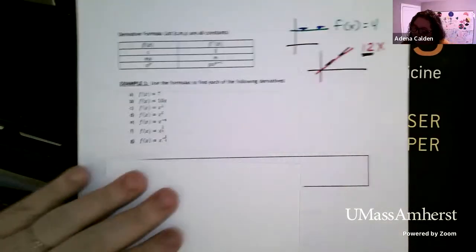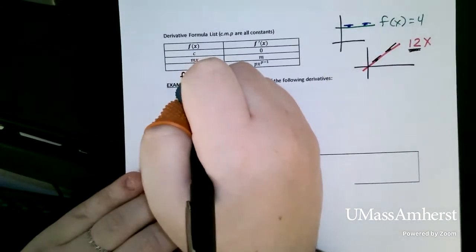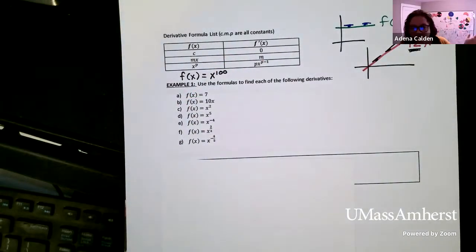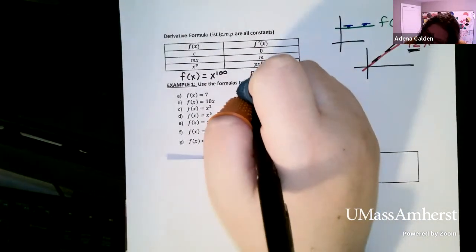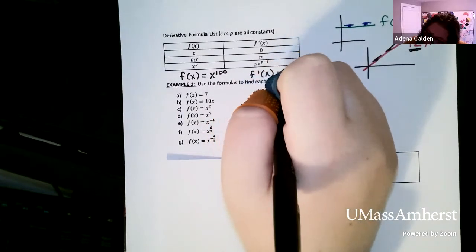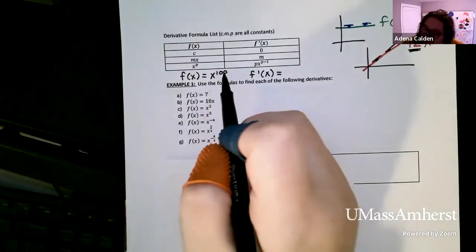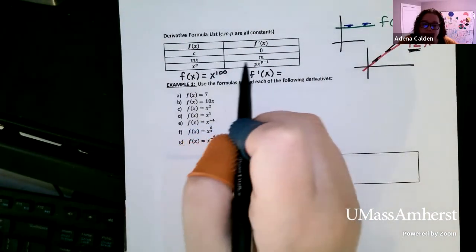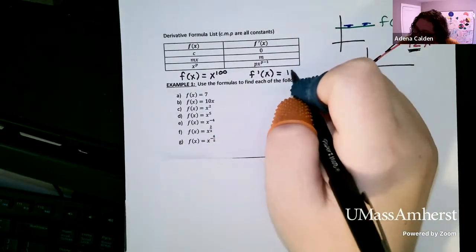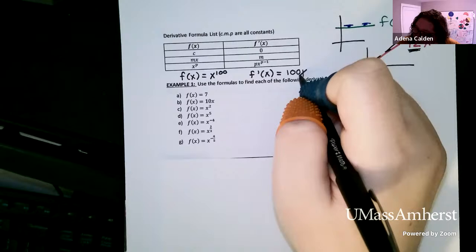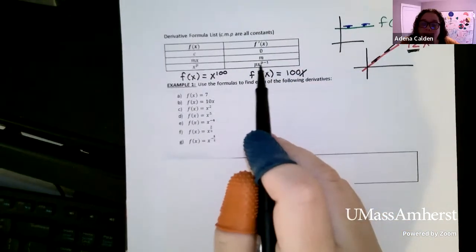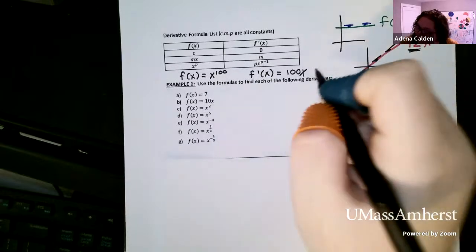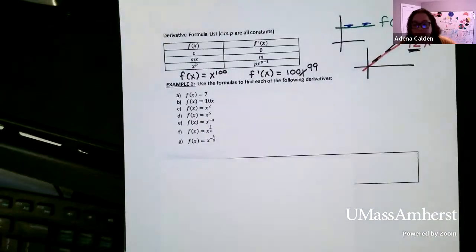If you have a function like f of x equals, I don't know, x to the 100, we can find the derivative function by taking whatever that power is, and it's going to come down to the front. Notice that p was in the power and now p is in the front. So we have 100x, and then we subtract 1 from the original power. Since the power was 100 and we subtract 1, it becomes 99.